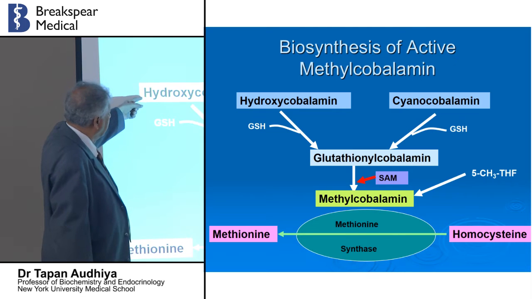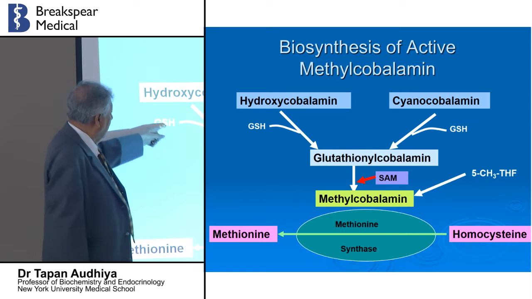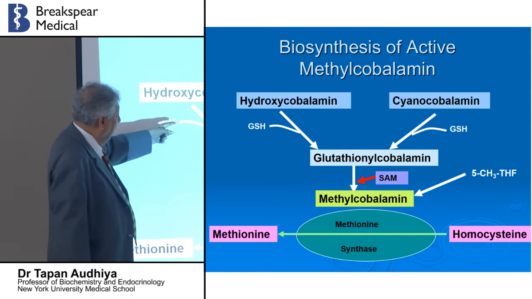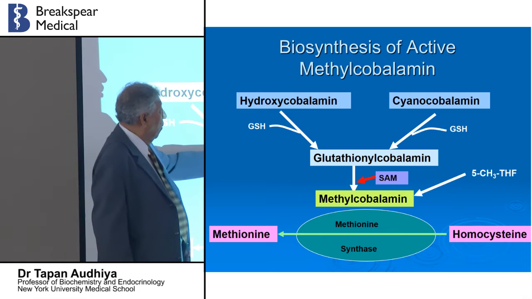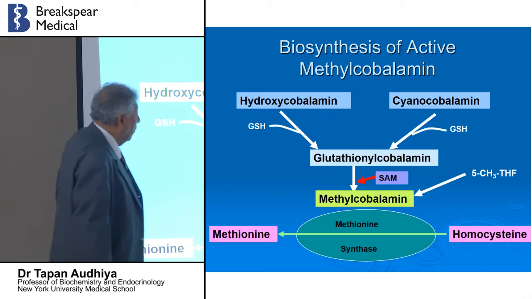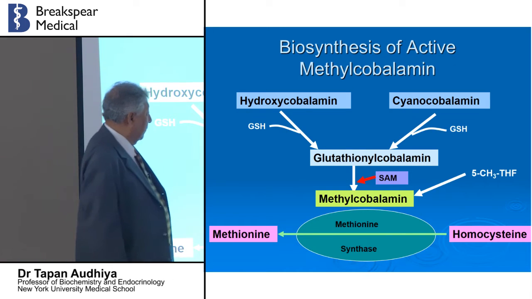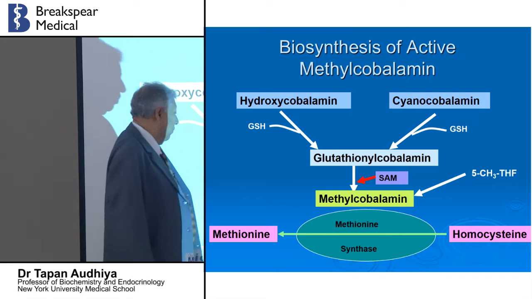The other one is hydroxycobalamin. When it goes with glutathione, that's why I told you glutathione is so important, it becomes glutathionyl cobalamin. That, with the help of SAM, becomes methylcobalamin.